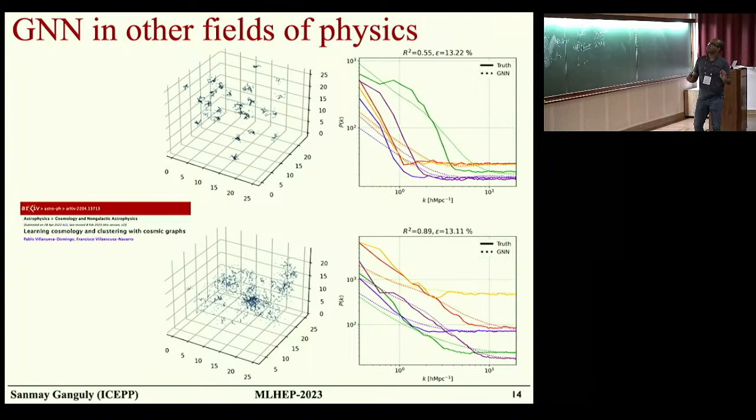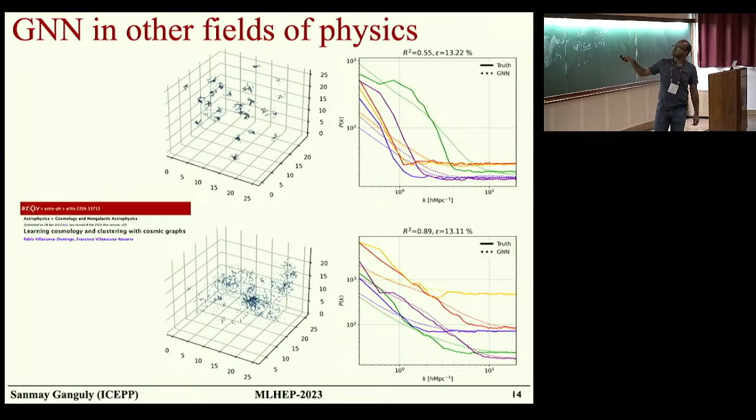I will take 5 more minutes to conclude. It's not only us, but other branches of natural sciences are using graph networks extensively. In fact, we are not doing anything compared to what chemists and molecular biologists are doing. This is an example from cosmology.